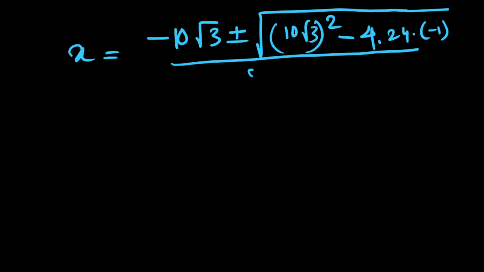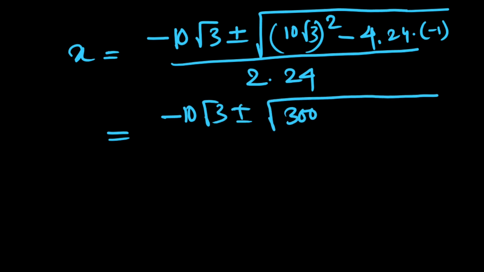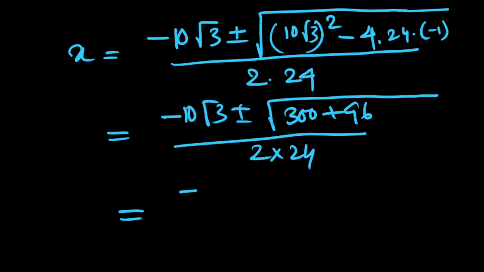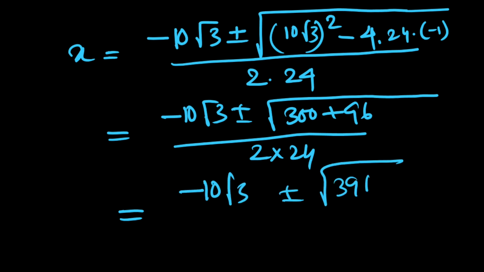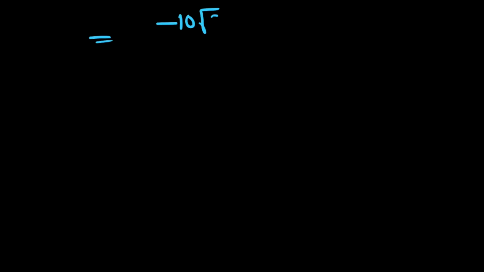Now we simplify it: minus 10 root 3 plus minus root of (300 plus 96), over 2 multiplied by 24, that is minus 10 root 3 plus minus root 396 over 48. Therefore root 396 can be written as 6 root 11.